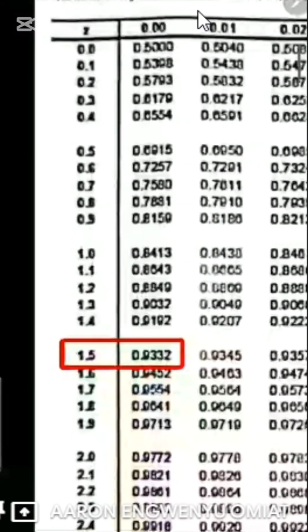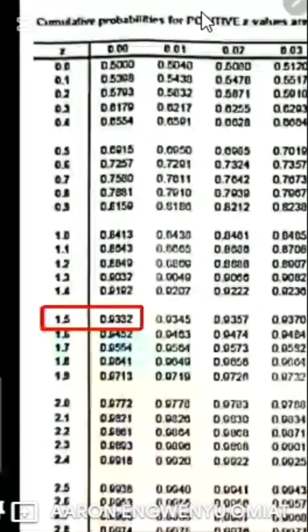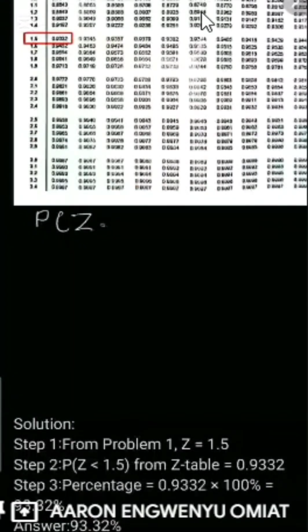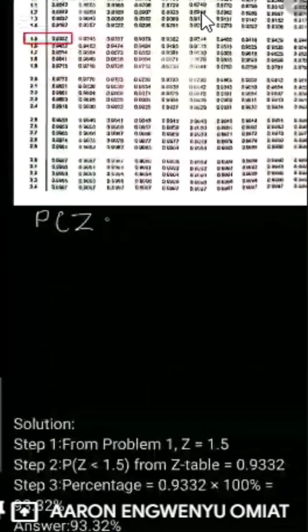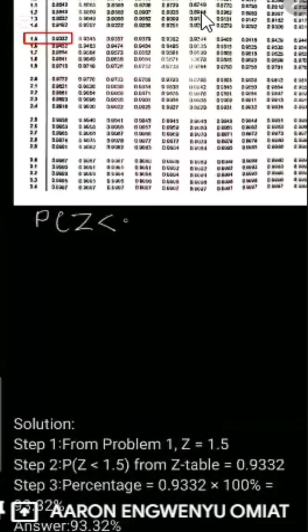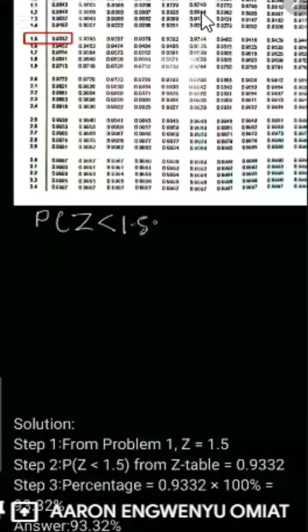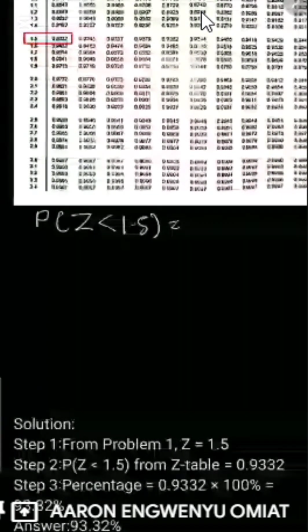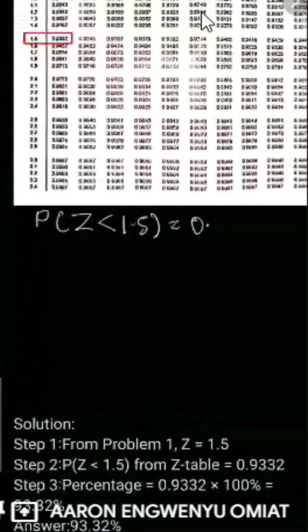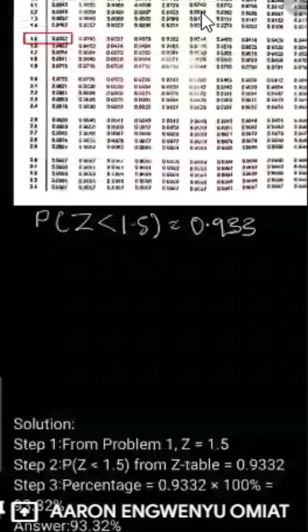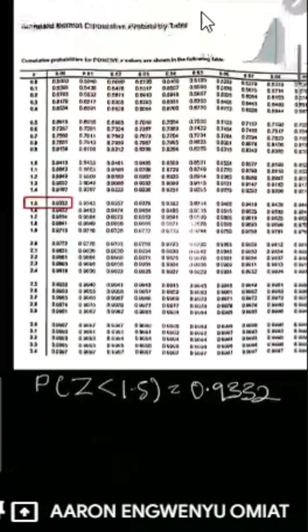this, you find that Z corresponding to 1.5 corresponds to 0.9332. Okay, so let's go ahead. So probability of Z, this is cumulative, so we say less than 1.5 is equal to 0.9332.